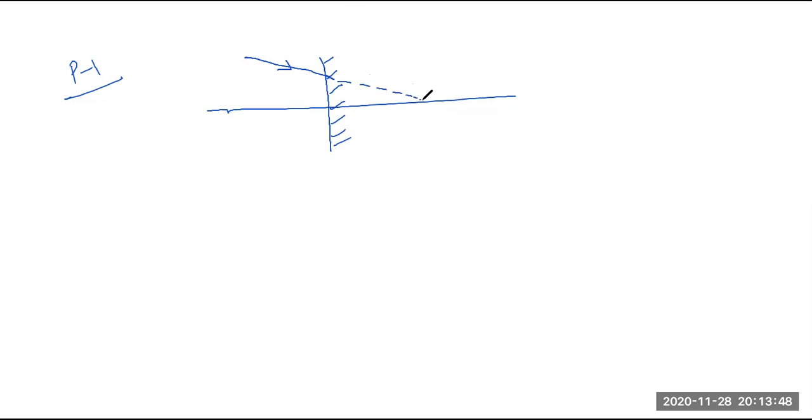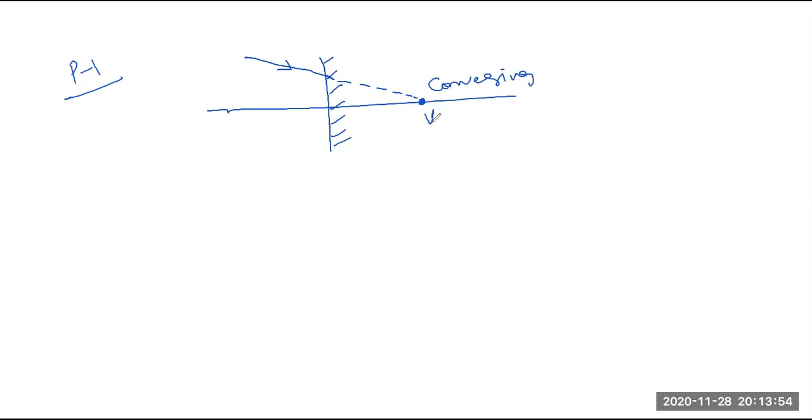Let us see the P1 question. Let's say this is the plane mirror, and I'll draw a normal. Now the light rays coming from infinity, if this mirror is not there, are supposed to meet here, at the converging point.